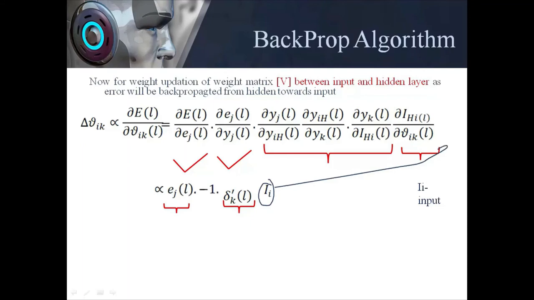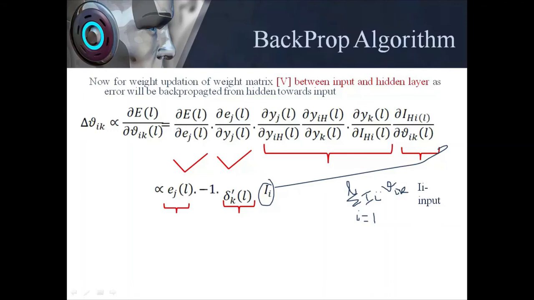Because the input which is coming to the hidden layer unit is nothing but the summed input, the weights times the inputs for all I, extending from 1 to L, where L is the number of neurons in the input layer.